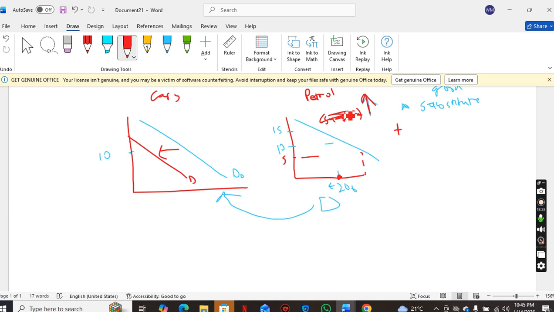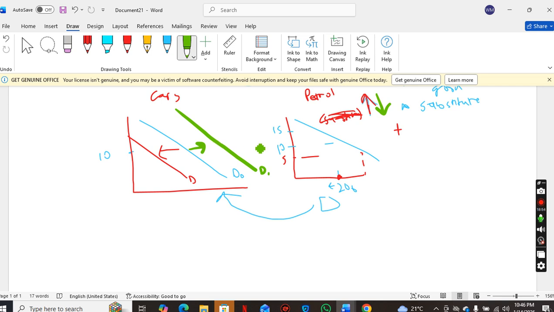Okay, and if the price of a complementary good goes down, means petrol is cheaper, people will be more inclined to buy cars. All right, so what happens to the demand for cars? The demand for cars increases. Okay, so if the price of a complementary good goes down, the demand for the other good is going to increase.